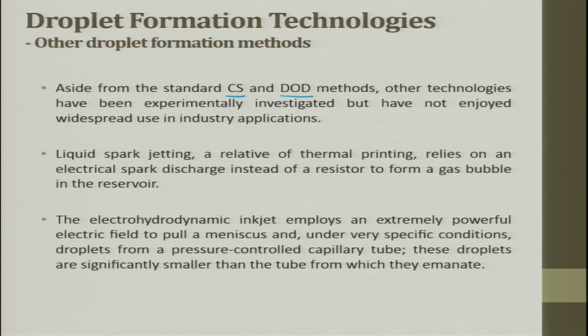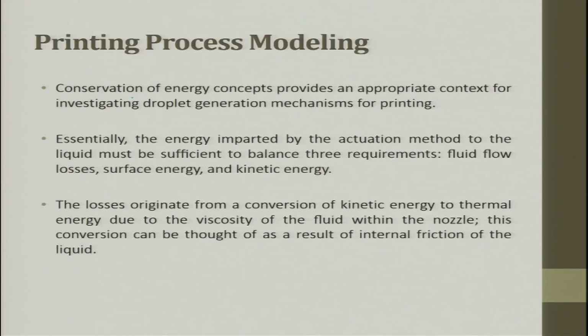These droplets are significantly smaller than the tubes from which they emanate. The conservation of energy concept provides an appropriate context for investigating droplet generation mechanisms for printing. So, this is the important point, droplet generation.